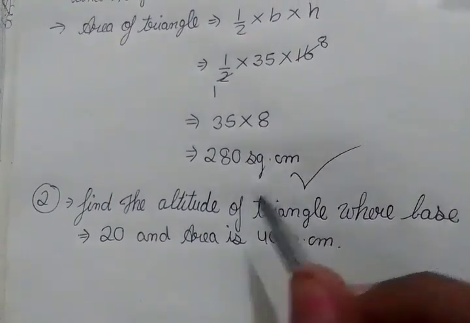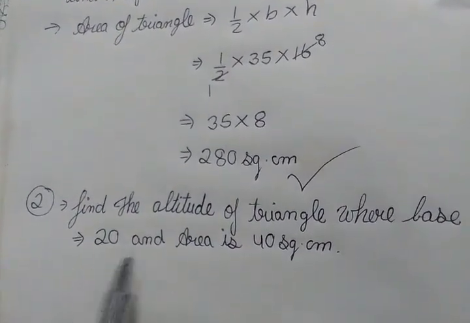Means the area is already given and the base is 20. So we have to find the altitude.